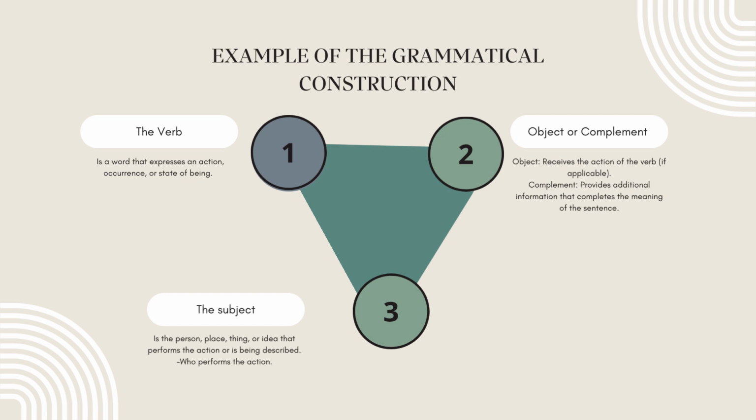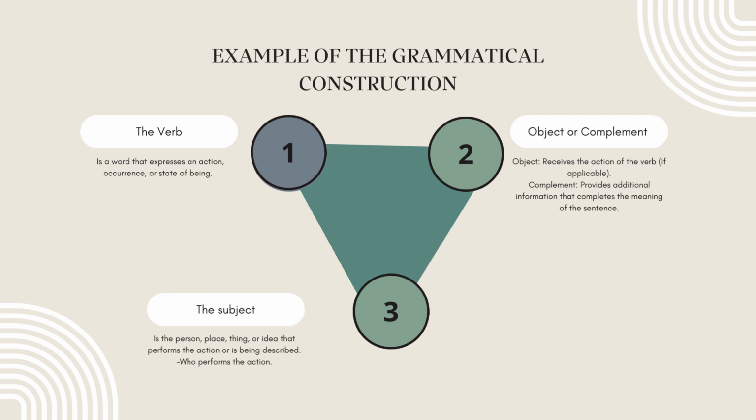So now I'm going to give an example of the grammatical construction. Most of the time, we have the verb, the subject, the object, modifiers, and complement. But here I only put three of them.